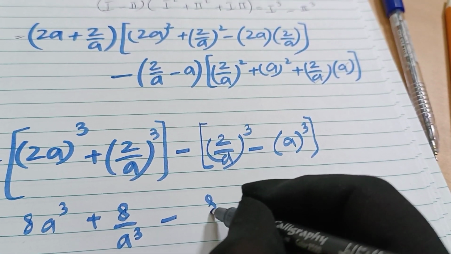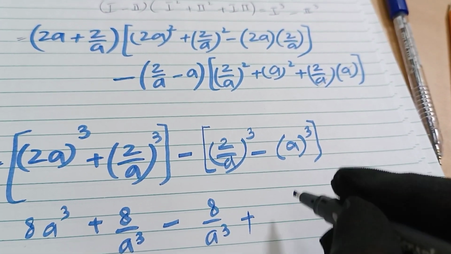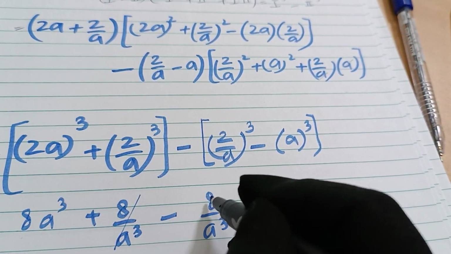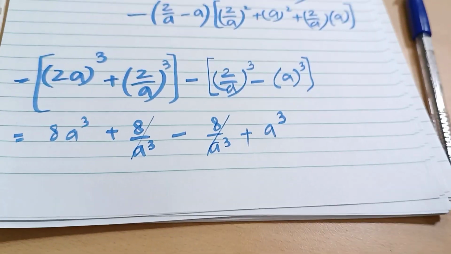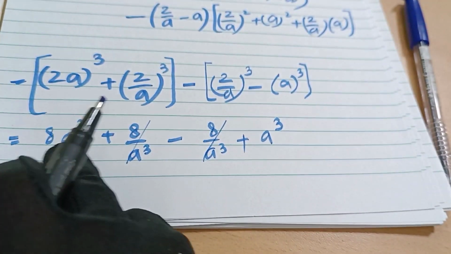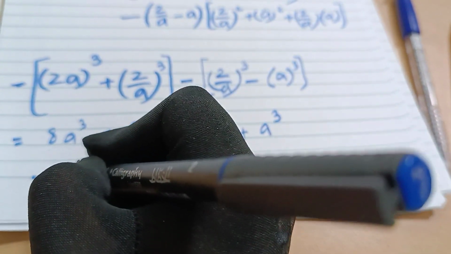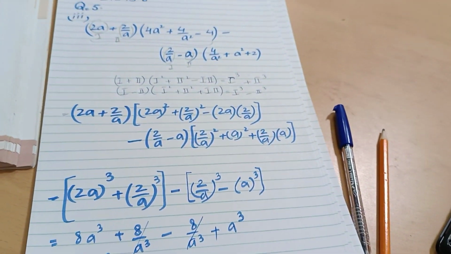Minus cube of this term is 8 over a cube. Minus minus plus a cube. Clearly, these both terms are exactly same but with opposite sign, so they will cancel each other. And then 8a cube and 1a cube will give you the answer as 9 times a cube. This is the final answer for this question.